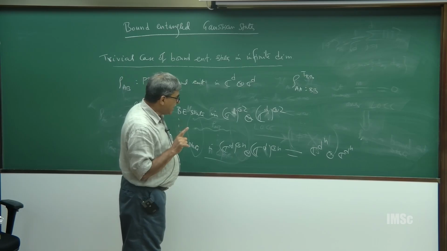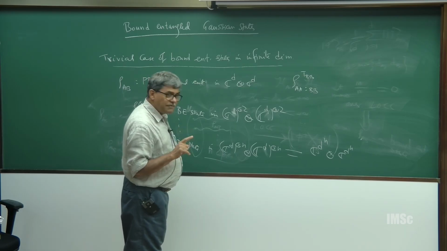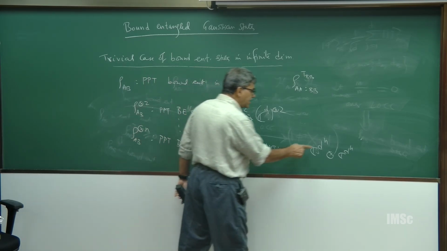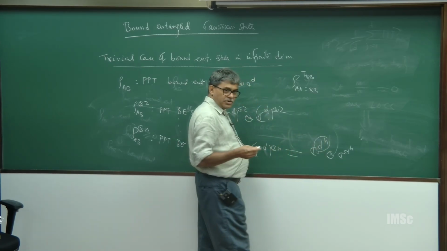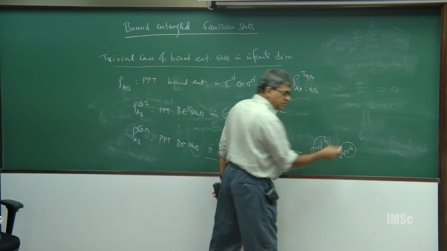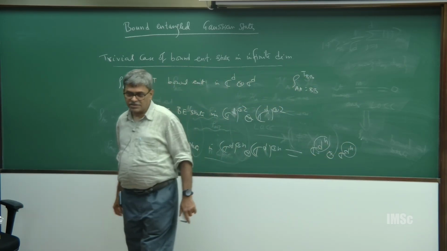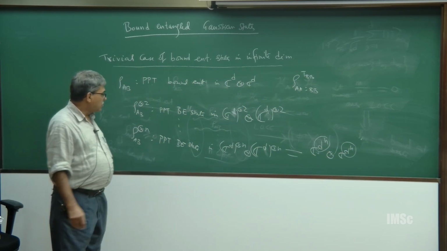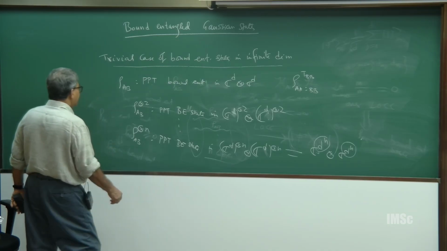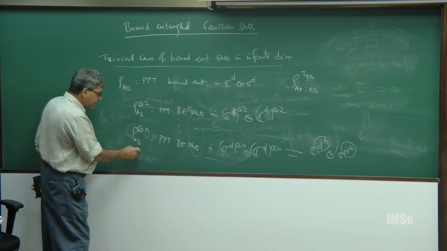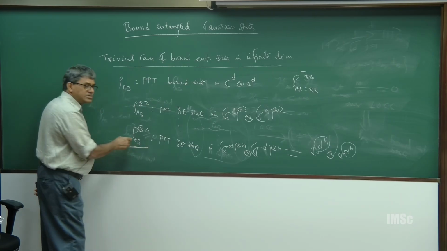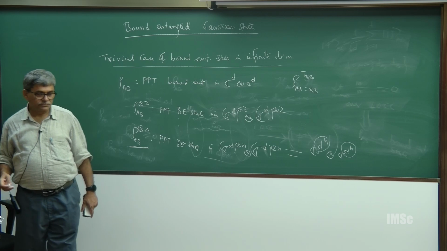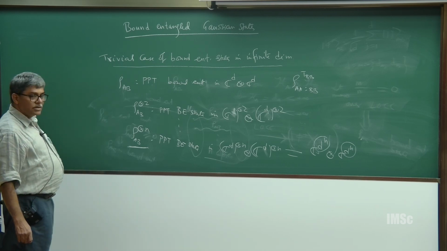You see that if I take n to be very large, this will amount to infinite dimension, on both sides. So by this way you can construct a PPT bound entangled state for infinite dimensional systems.